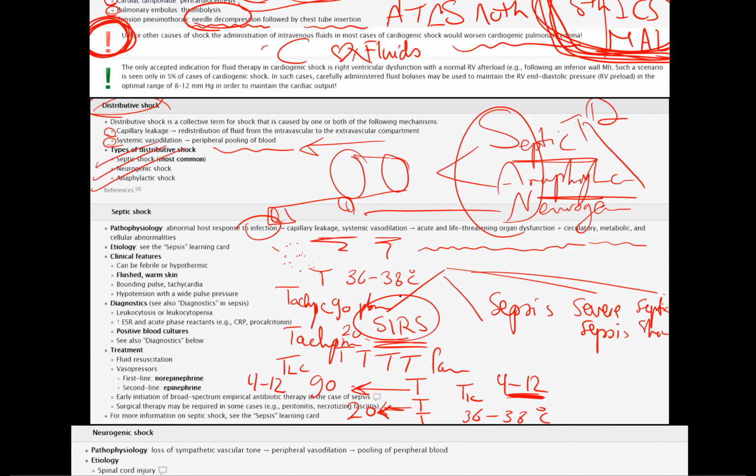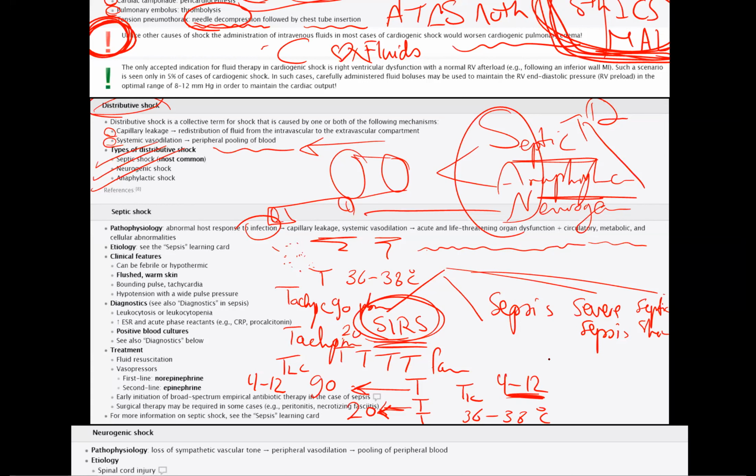This is called SIRS, systemic inflammatory response syndrome. So at least two of these are enough to say that we have SIRS.